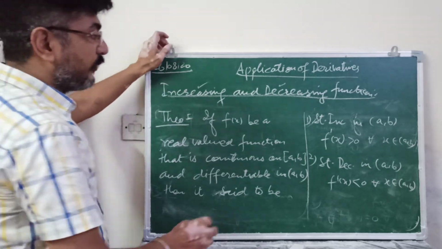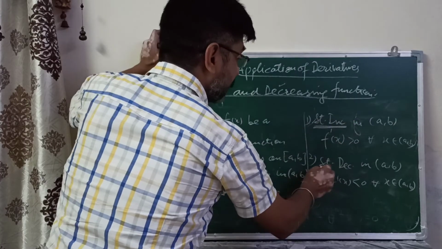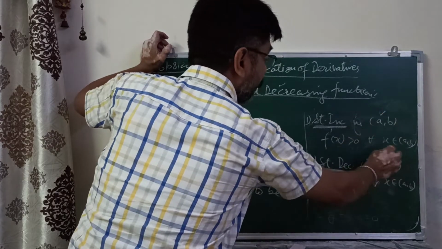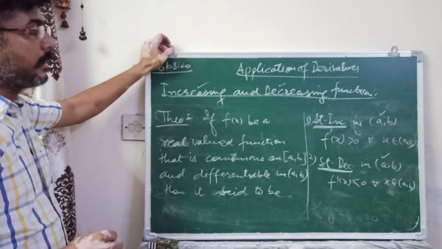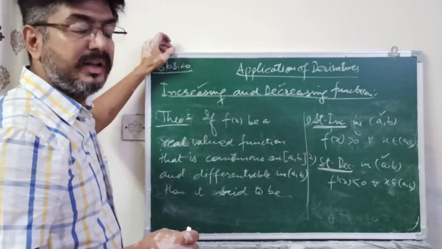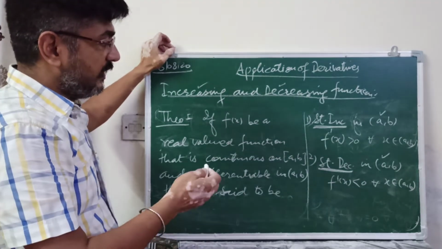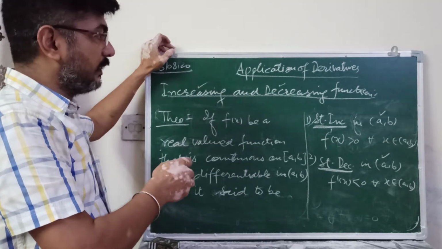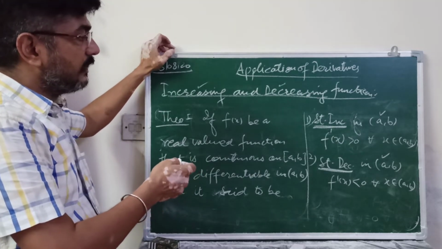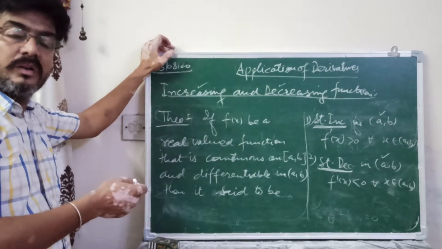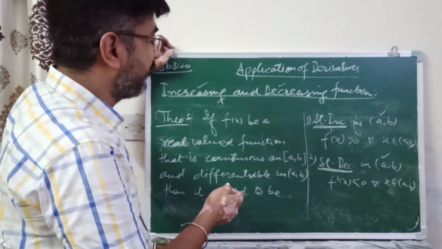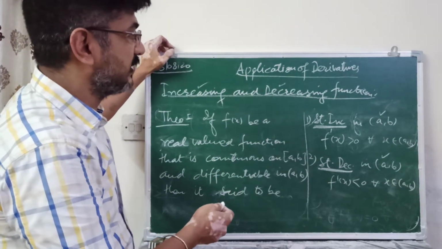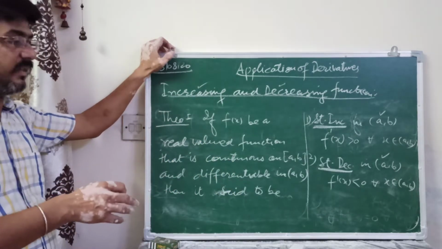So the words strictly increasing and strictly decreasing are always in open intervals, okay, because here we are not attaining a and b, so there is no chance of equal, there is no chance of f(x1) greater than or equal or less than or equal, there is only a chance of either less than or greater than.